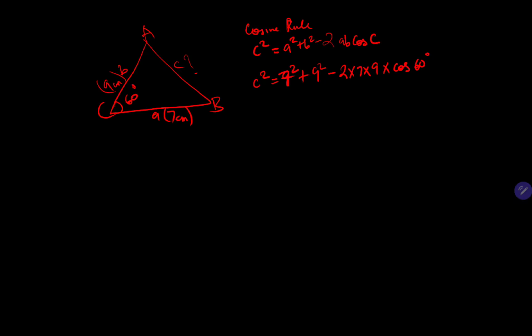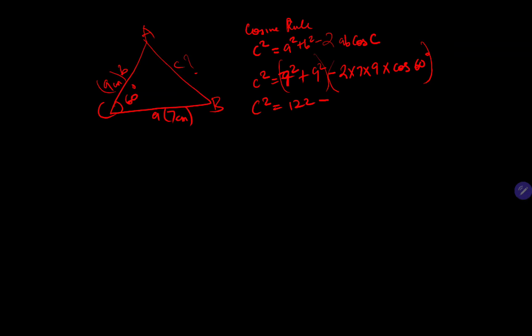Having put this successfully into the formula, all we need now is arithmetic. Let's do this side separately, and we do this side, and then we subtract. We leave the left hand side the way it is. We don't need to tamper with that. 7 squared is 49 and 9 squared is 81. So 49 plus 81 will give us 130, minus, then we do the other side.